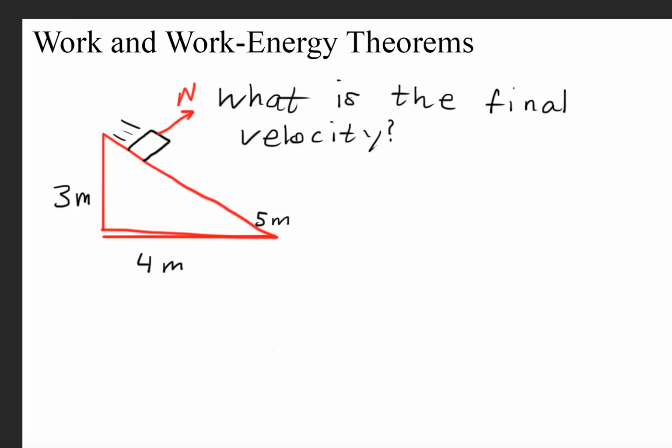We also have the force of gravity. I'm just going to write this as mg because the force of gravity is mass times gravity. And in this case, I'm going to omit friction, so there's no friction in this problem here.